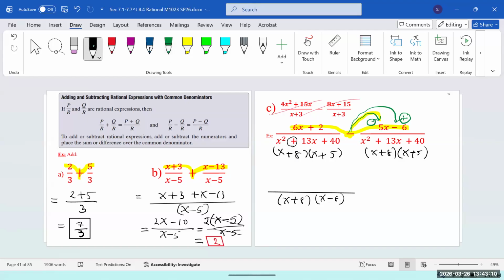So we have 6x plus 2. Great. And you're subtracting the second one. So minus 5x plus 6. Just change the sign for the second numerator. Why? Because of this.